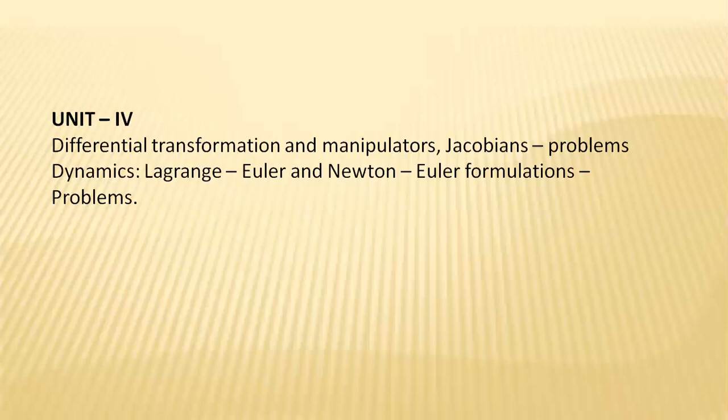In what way the manipulator positions will exist upon these movements, either the sliding movements, nothing but the prismatic kinds of movements, or else the rotational kinds of movements that are taking place, we had a detailed discussion.